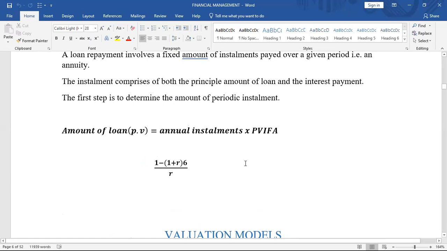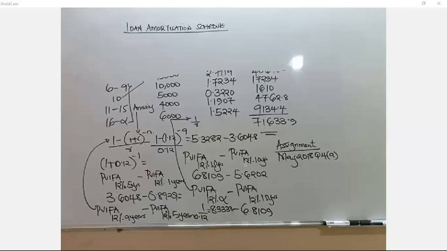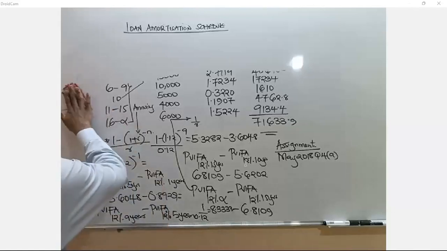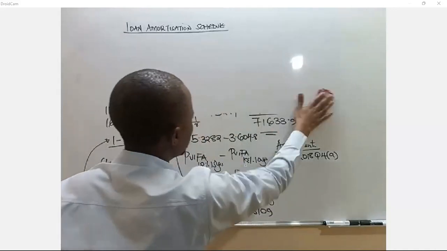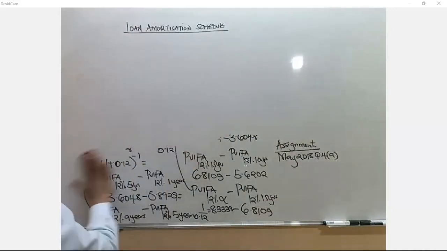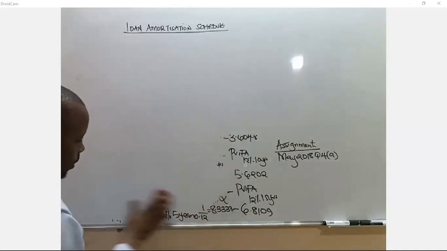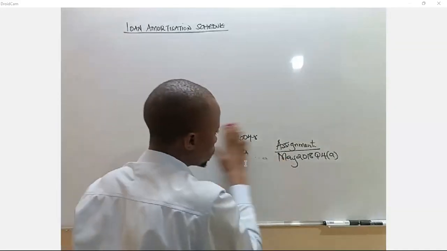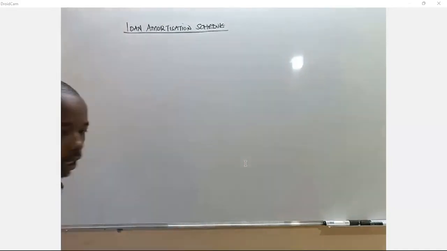So let me come back here on my board. One of the biggest things under the loan amortization schedule is determining your periodic installments. So how do we normally do that? It is very simple.